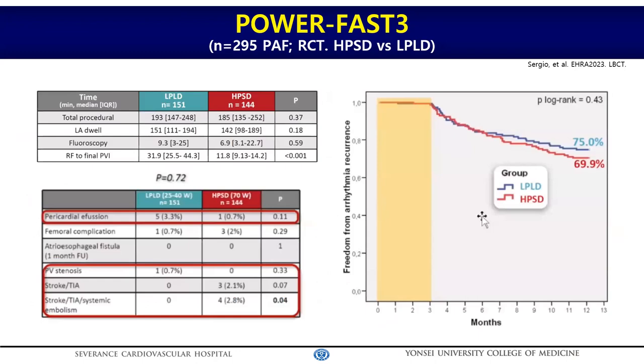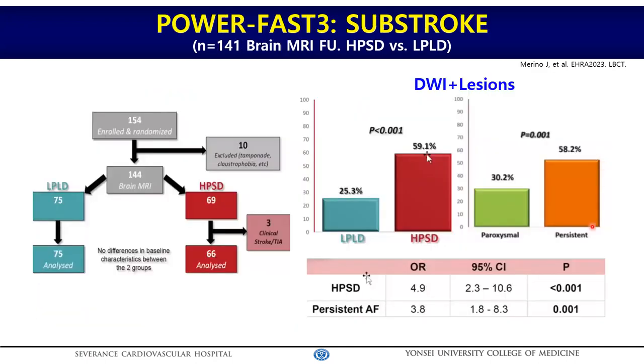Moreover, among complications, stroke and embolic rate were higher in hypershort duration. The researchers used 70 watt as in the Kottmeyer protocol shown earlier, but the 70 watt protocol may induce char formation, and rhythm outcome did not differ between the two groups.